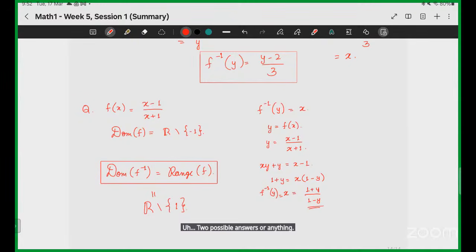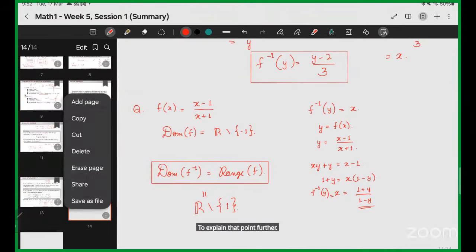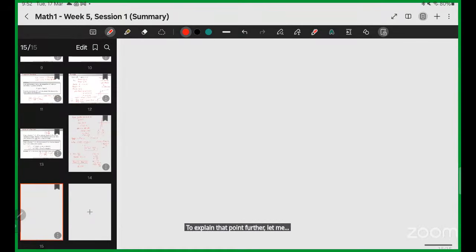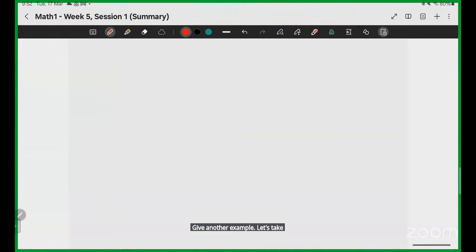To explain that point further, let me give another example. Let's take now obviously not a one-to-one function. Let's take f of x is equal to x square.